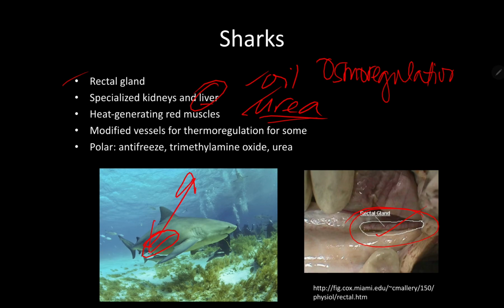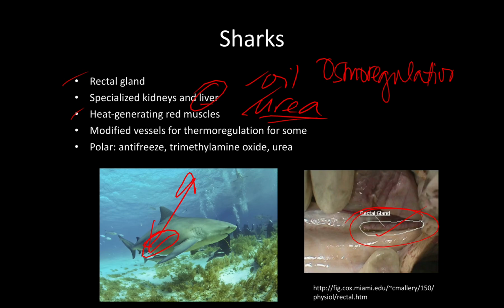Okay. Next, they have heat-generating red muscles. So in a way, you can consider sharks to be warm-blooded. Some species of sharks, take note, because some are purely cold-blooded. Okay, but many species found in cold areas in particular have heat-generating red muscles for them to be able to produce their own heat.